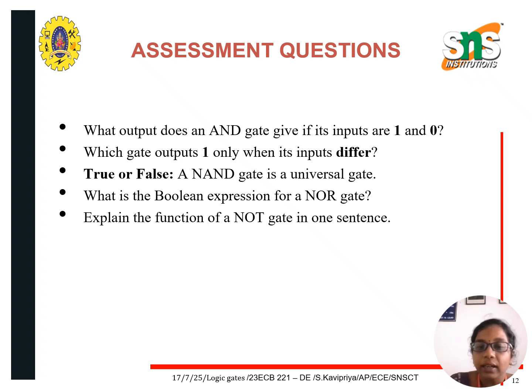Is the NAND gate a universal gate? Yes, a NAND gate is a universal gate. What is the Boolean expression for the NOR gate? It is inverted a plus b. Explain the function of a NOT gate in one sentence. A NOT gate is an inverter which produces the output 1 only if the input is 0 and produces the output 0 only if the input is 1.